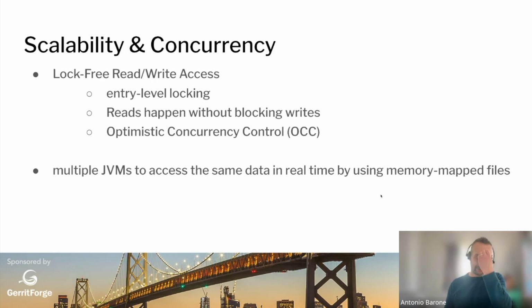If you have a multi-site installation or an HA installation, each node will need to have its own copy of the data. Chronicle Map doesn't have any technical limitation that would prevent the data from being shared. So this would be good in HA setups, and it allows you to scale horizontally because you can more easily share the caches.